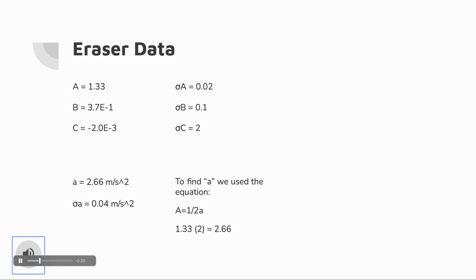Our B value was 3.7 times 10 to the negative 1, and our uncertainty in B was 0.1. Our C value was negative 2 times 10 to the negative 3 power, and our uncertainty in C was 2. With our acceleration being 2.66 meters per second squared, and the uncertainty of our acceleration was 0.04 meters per second squared.